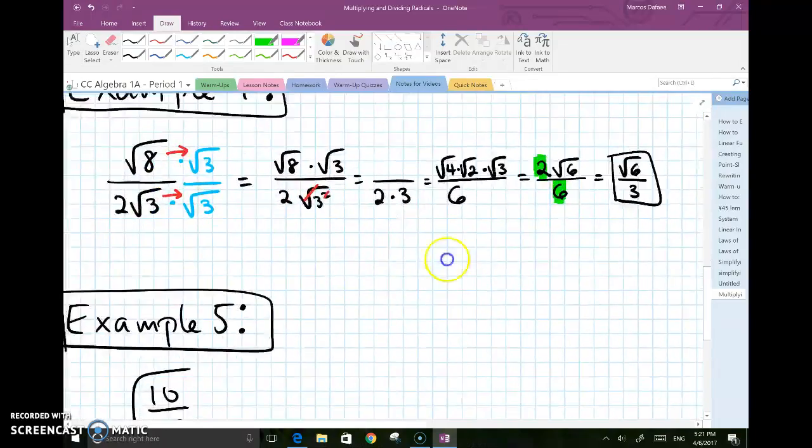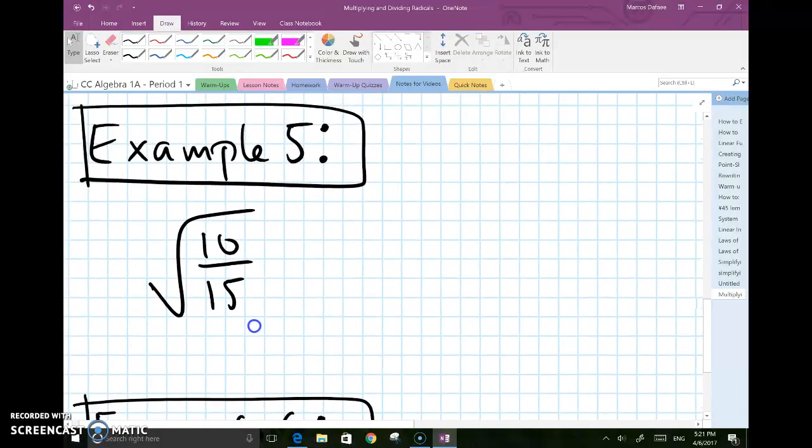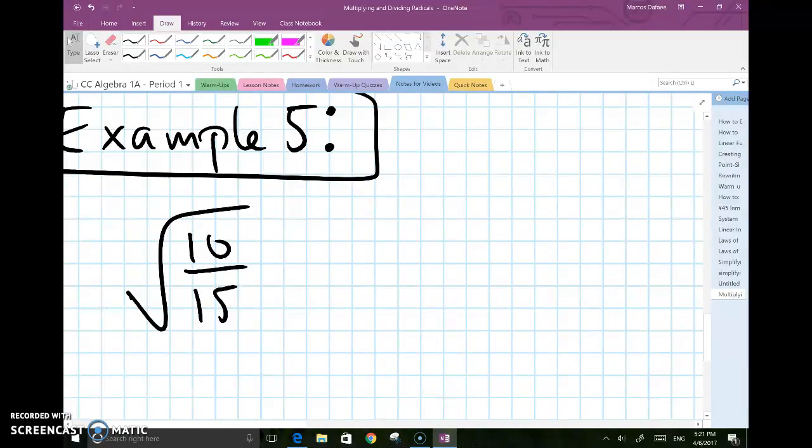All right, let's move on to our last example, example 5. In example 5, I have, as I said earlier, a fraction contained within an entire radical sign. Now, you can do this in two ways. What I'm going to do is first see if I can reduce that fraction inside before I divide them into each having a radical sign.